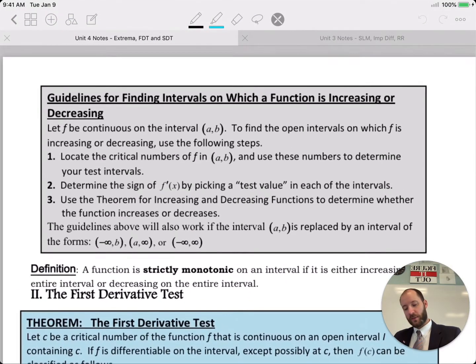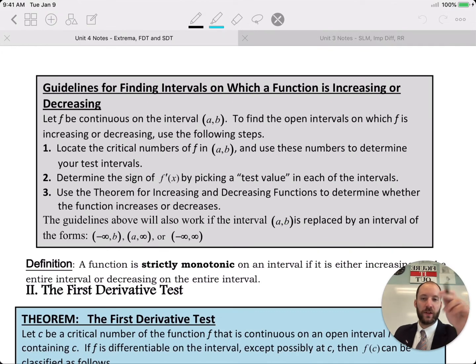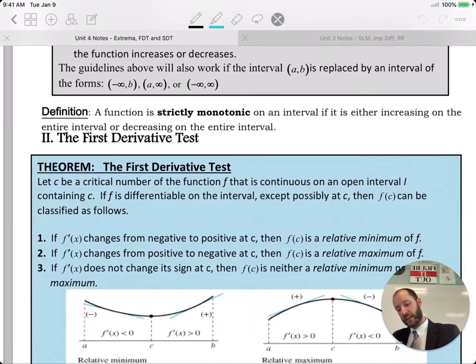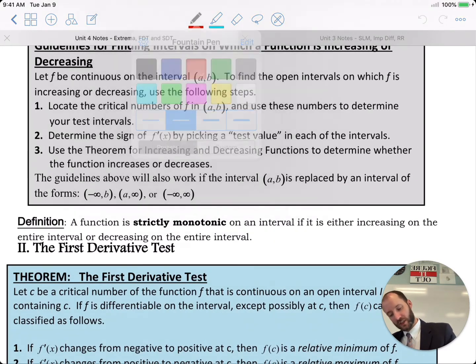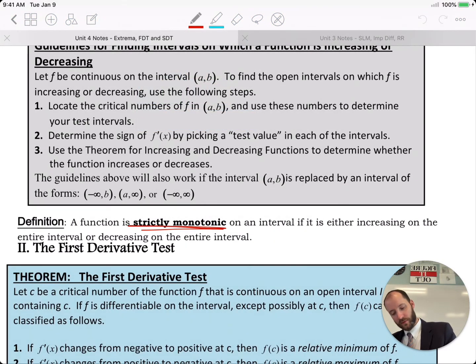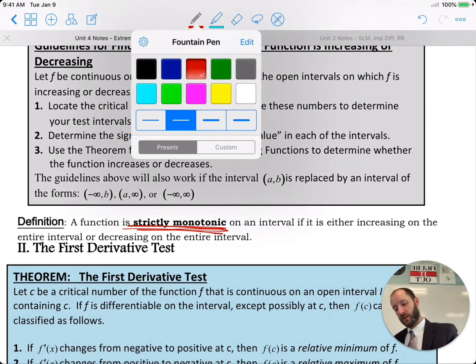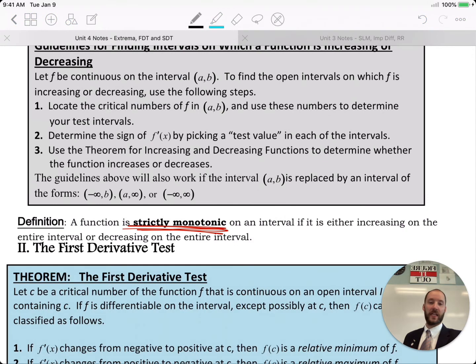So here are some written out guidelines for finding intervals. Right here, strictly monotonic, just that vocab. Knowing what that means. Strictly monotonic means you have only one behavior on the entire interval.